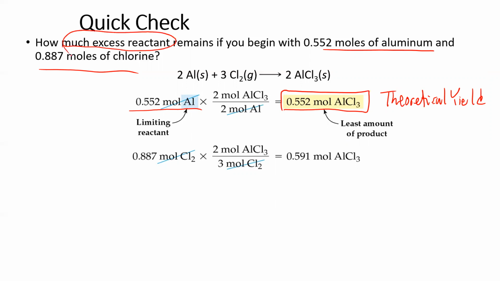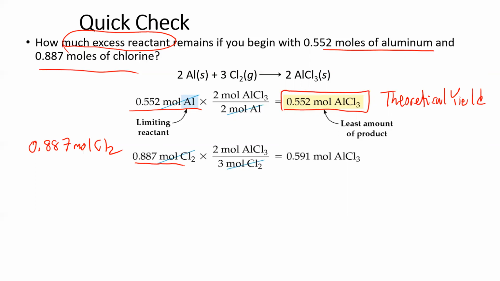So we know right off the bat, we start with 0.887 moles of chlorine. And we know this is the excess because the limiting reactant is aluminum, and that was determined by the theoretical yield. So how do we figure out, of this 0.887 moles of chlorine, how much gets used up and how much remains?